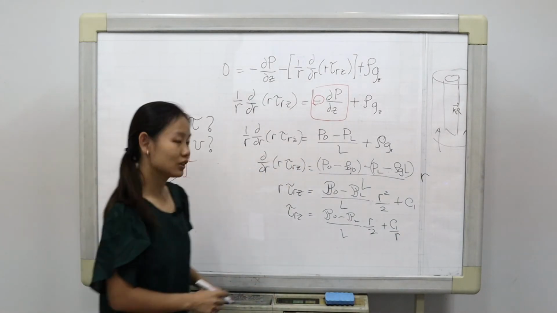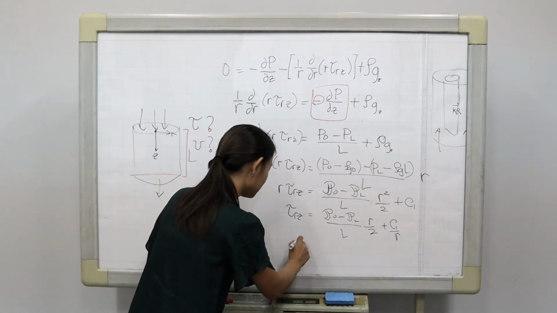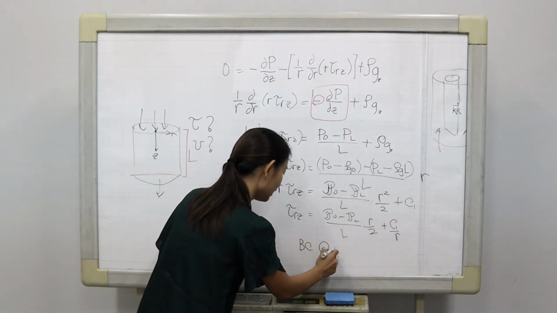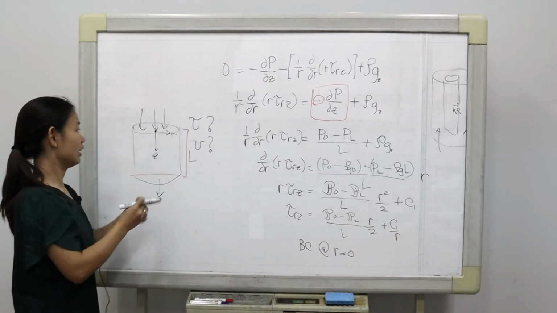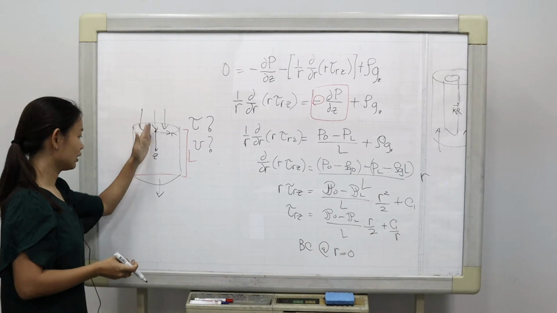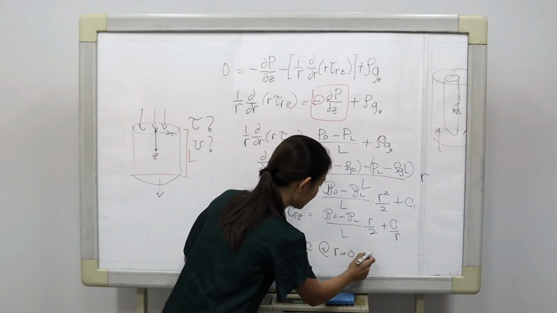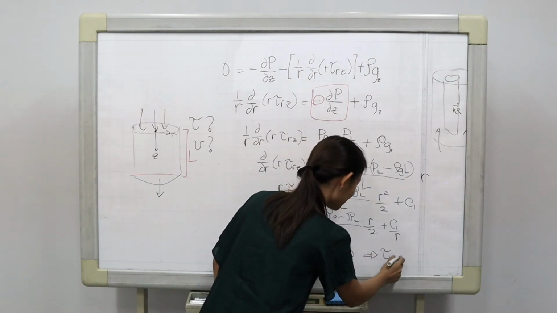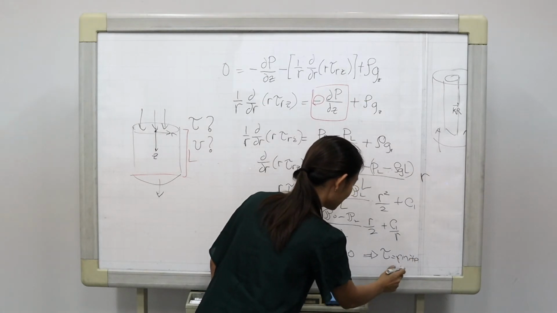Okay, so to solve this equation, we choose one boundary conditions. Boundary conditions at R equal to 0, or at the center of the pipe. You can say either tau is finite, or maybe you can also say tau is 0.